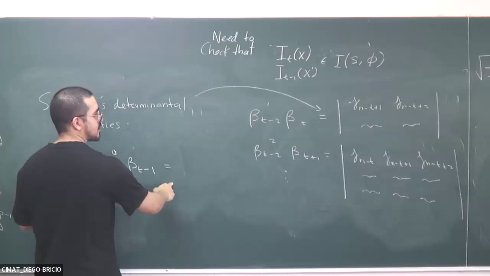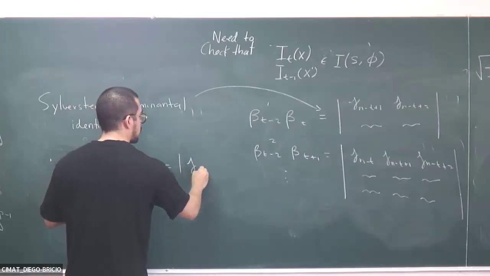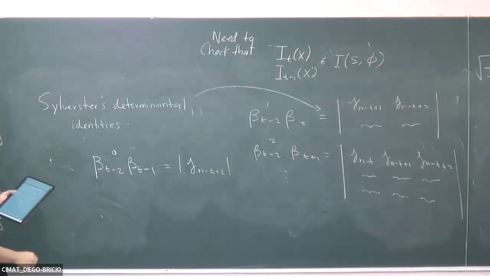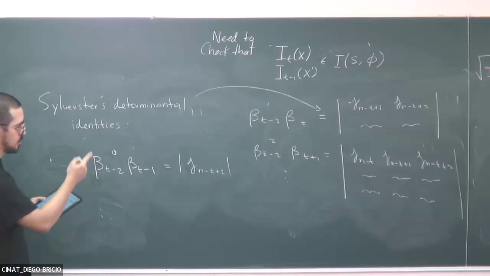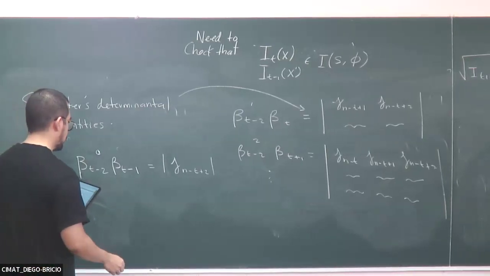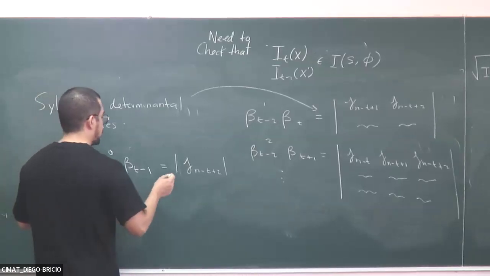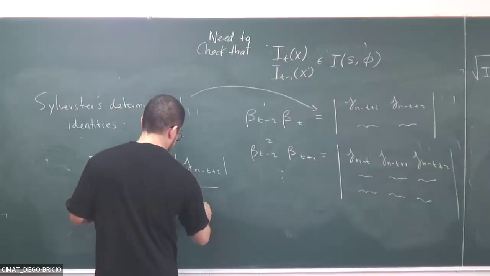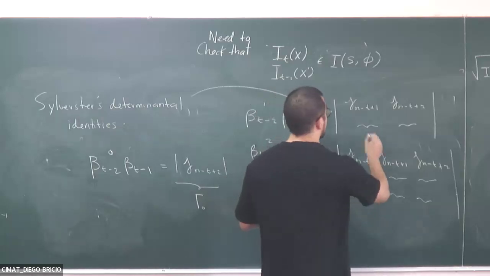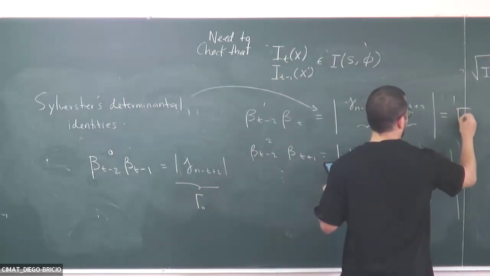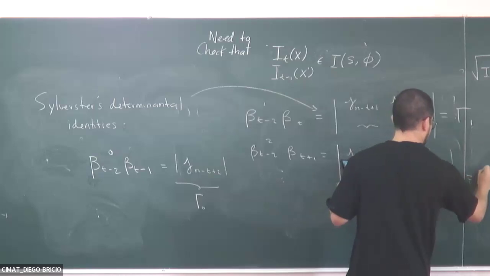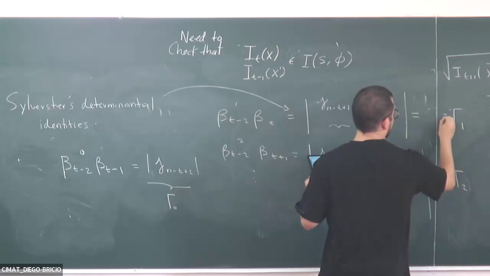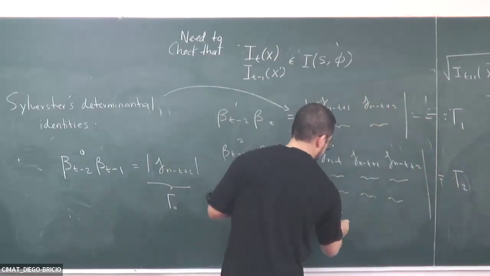So for this case, it's gonna be just the rightmost upper element. Okay, so we're gonna call these elements gamma. So this is gamma 0, this is gamma 1, and this is gamma 2, and so on.